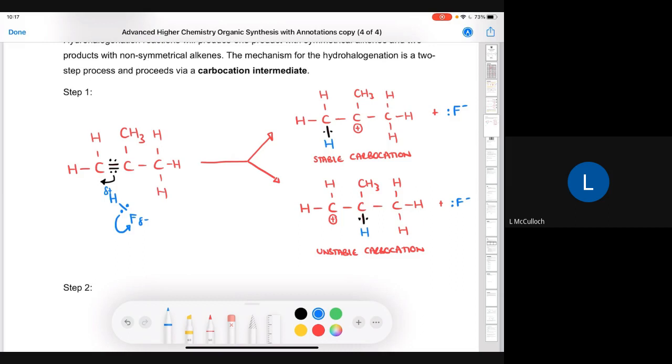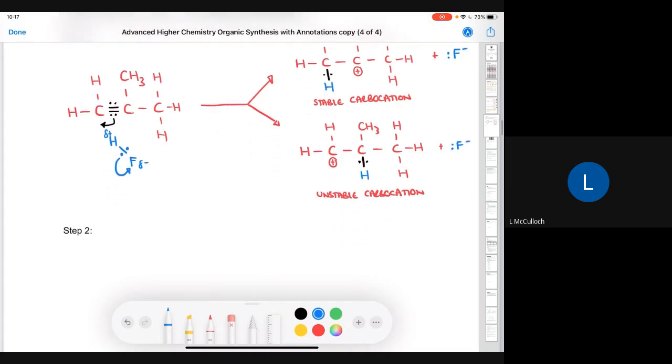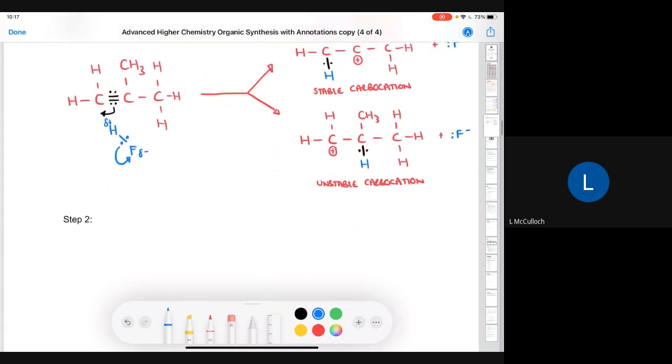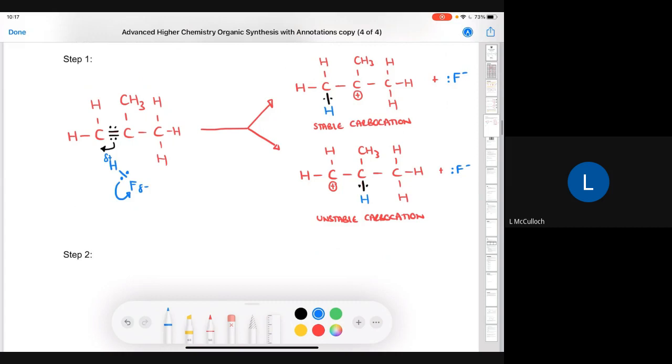So what we'll now go on to look at is what happens in step 2. So step 2 is nice and straightforward. Now what we're going to do in step 2 is I'm just going to take the stable carbocation. I'm not going to look at the unstable carbocation, so I'm just going to take that first one there.